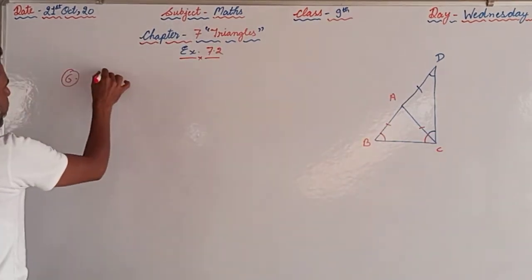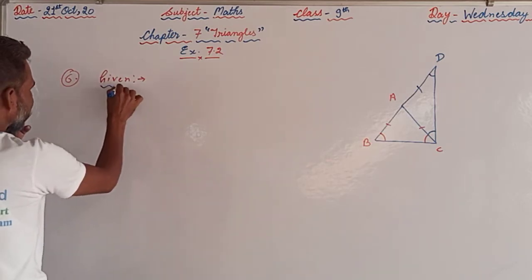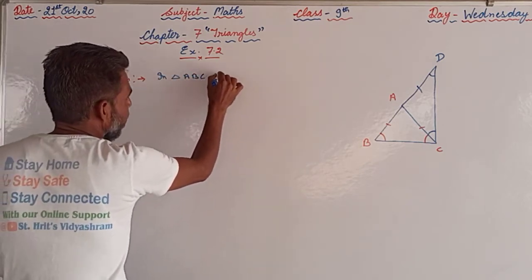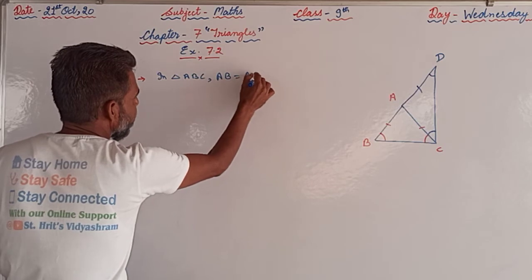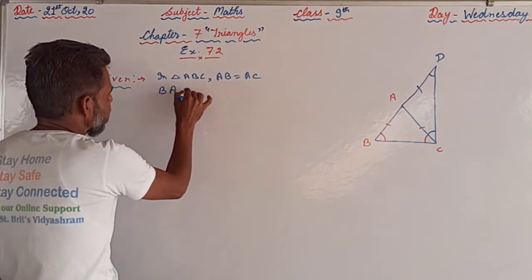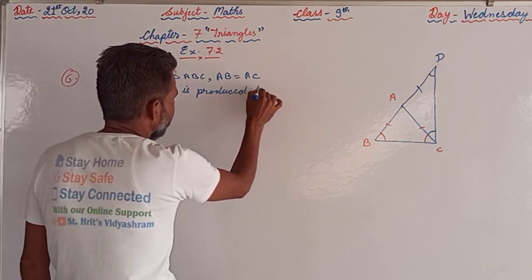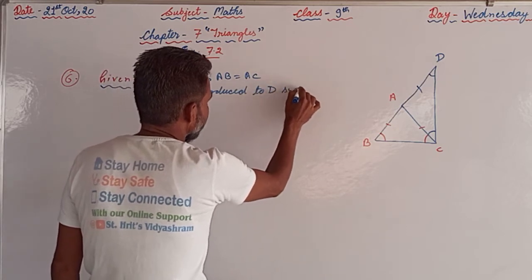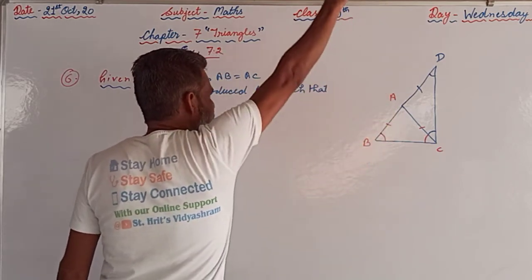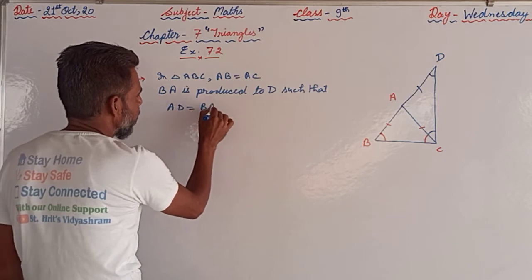Now first of all we will note down the information which is given. In triangle ABC, AB is equal to AC. BA is produced to D, such that AD is equal to BA.